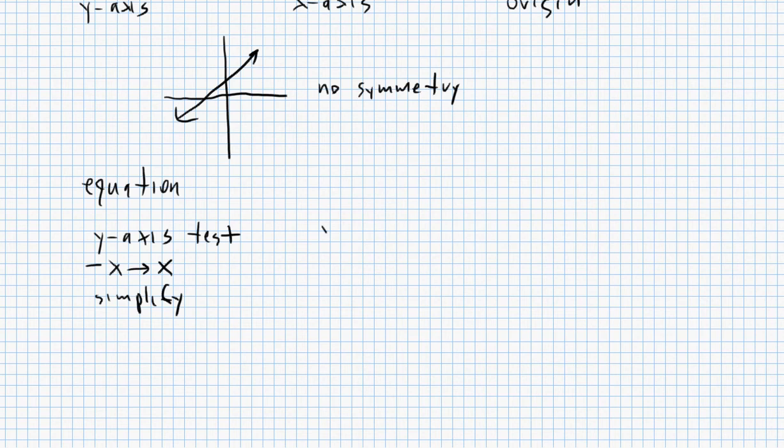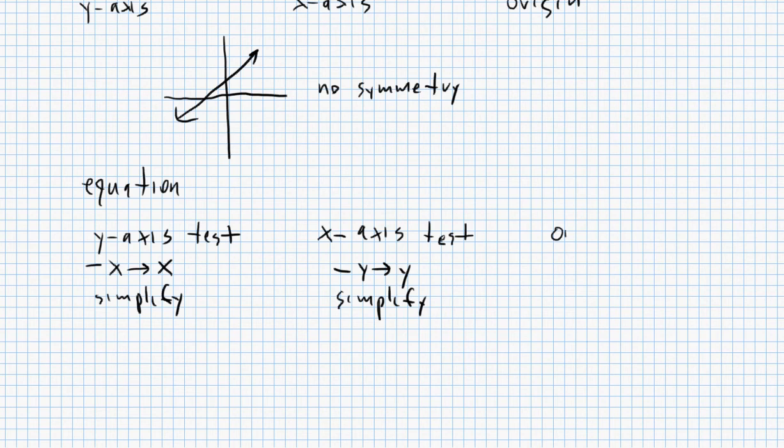Okay, x-axis symmetry: for the x-axis test, you would substitute opposite y in for y wherever you see a y, and then you simplify, and if the result is the same as the original equation, then the graph of the equation would have x-axis symmetry.